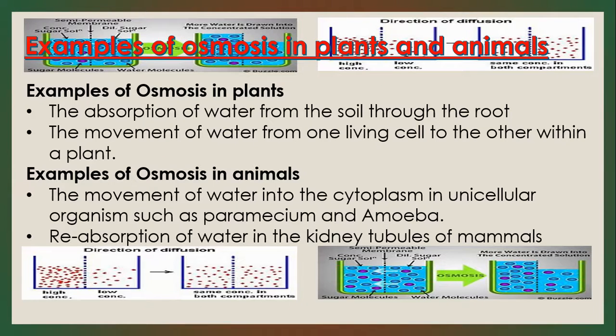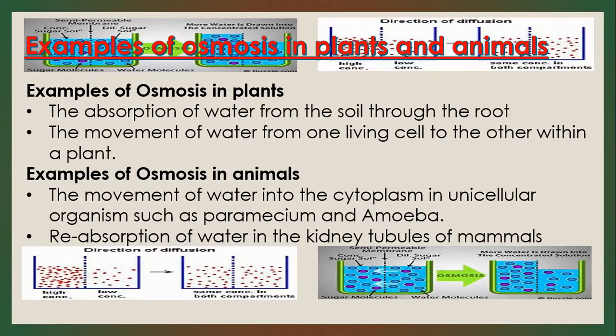Then the final one is usually in mammals. As humans, we excrete salt, acid, and water from the body, and it is done by the kidneys. But remember, not all the water is excreted by the kidney as urine.